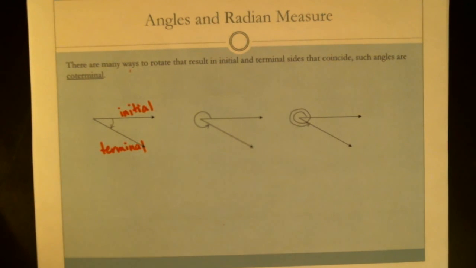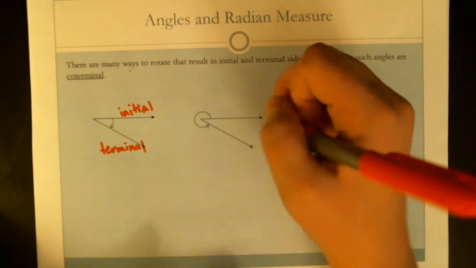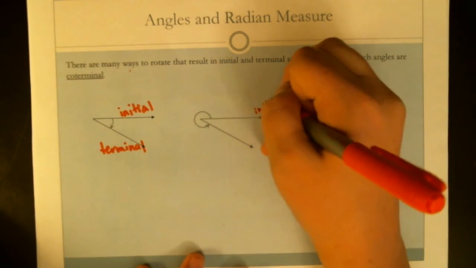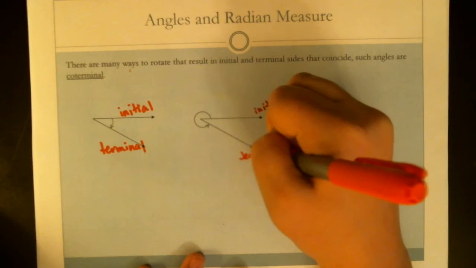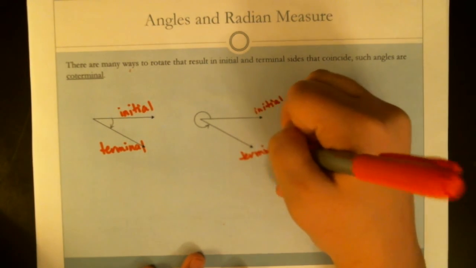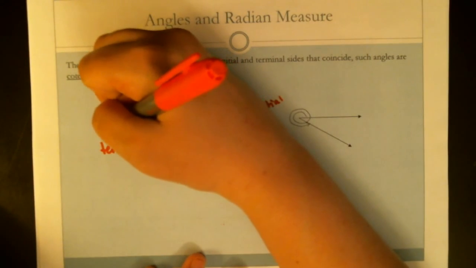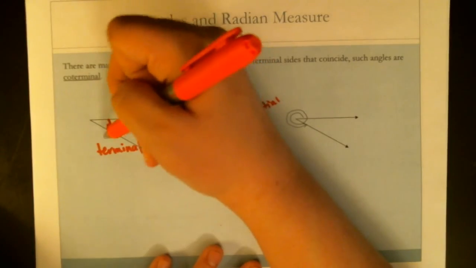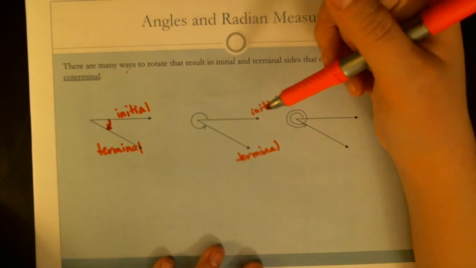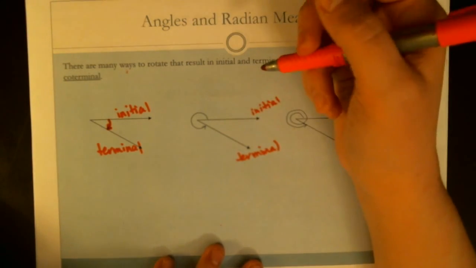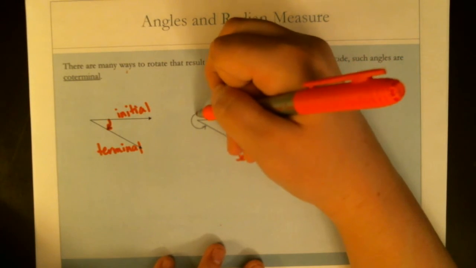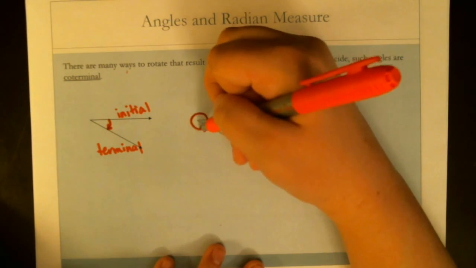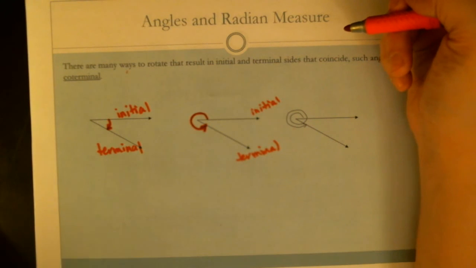There is more than one way to rotate a ray and end up with the same final direction, the same terminal side. So this is the exact same initial and terminal side, but I did not get there in the exact same way. So for this first one, I just have this small negative angle. An acute negative angle. Acute angles are those little guys, less than 90 degrees. I could also do a fairly big, or comparatively big, positive angle.